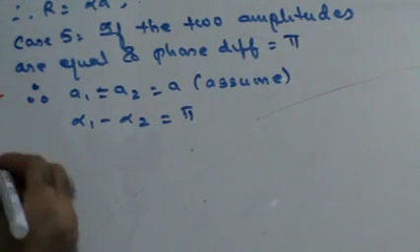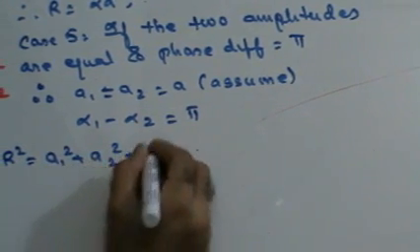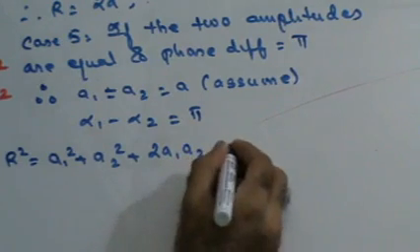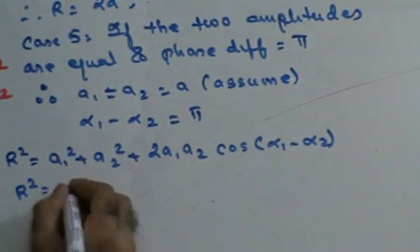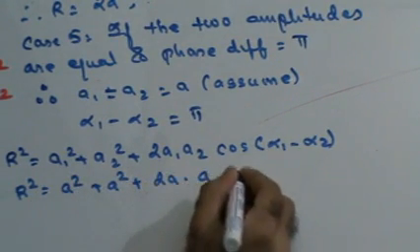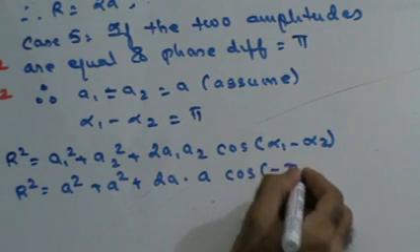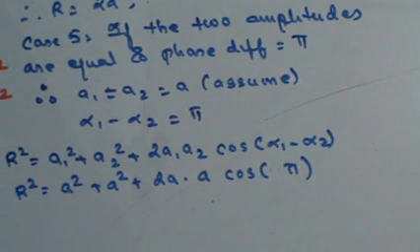R square is equal to A1 square plus A2 square plus twice A1 A2 cos of alpha 1 minus alpha 2. So R square is equal to 2A square plus twice A into A cos of pi. Cos of pi is minus 1.